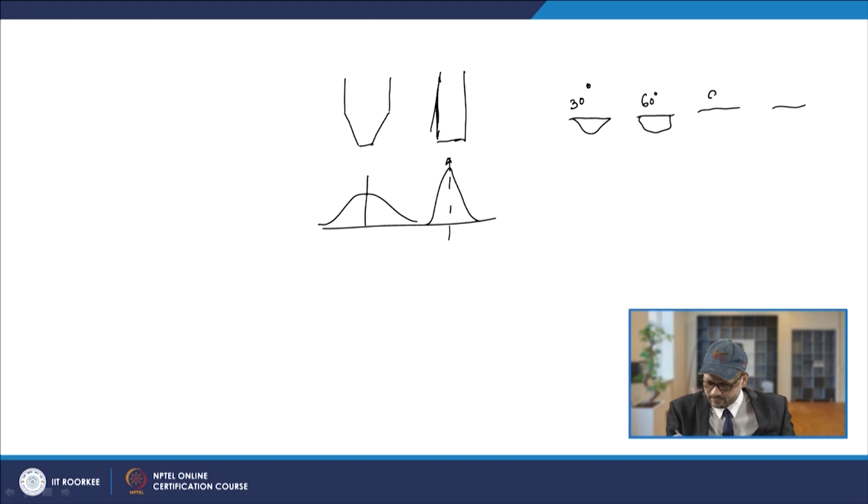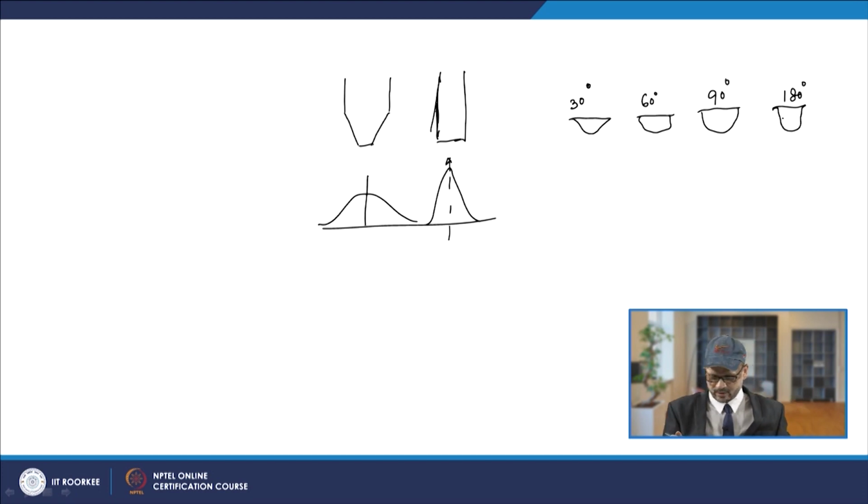Then if you have 90 degree, the shape comes like this, and if it is 180 degree, the shape of the gas tungsten arc weld will move like this.